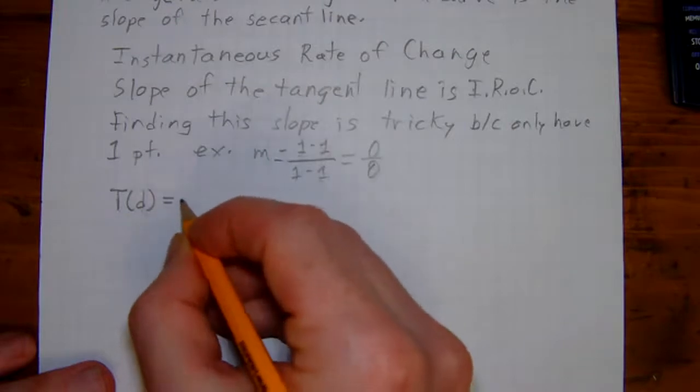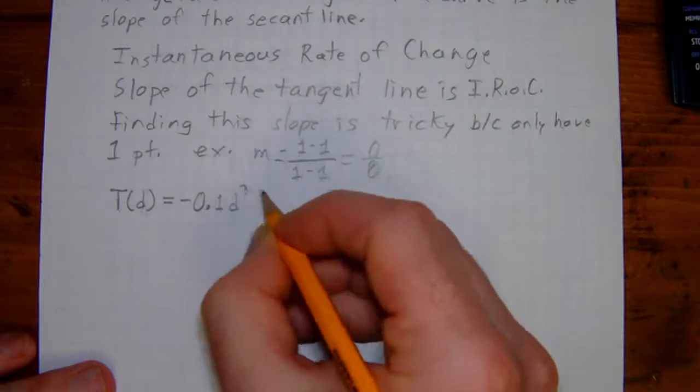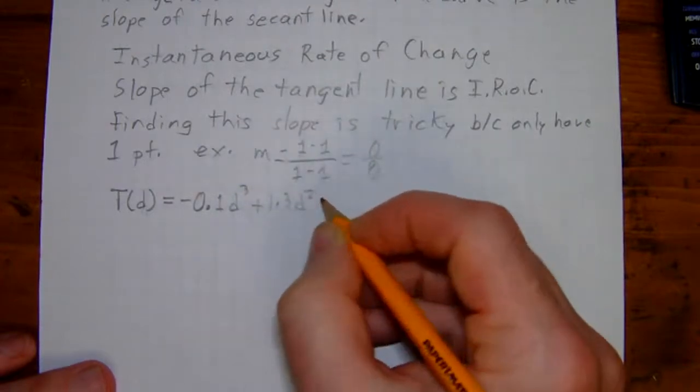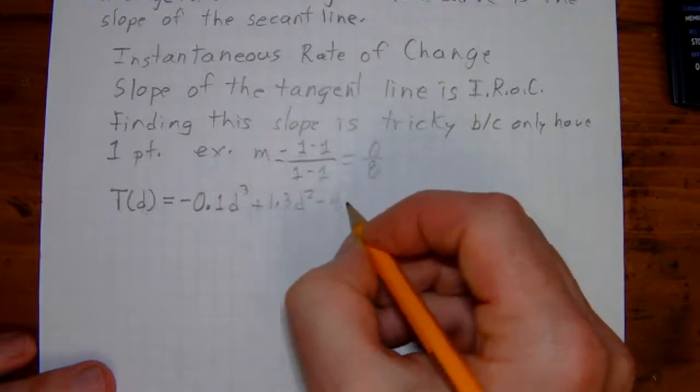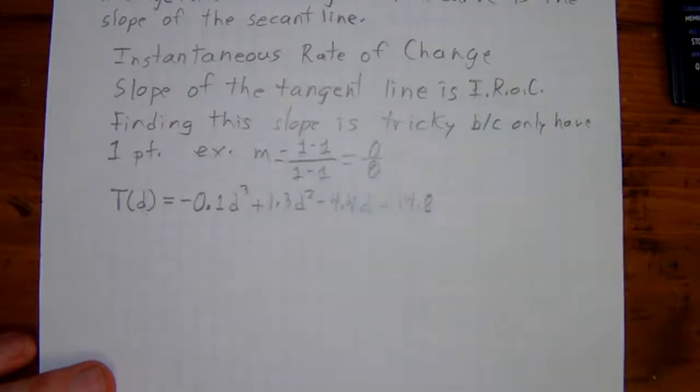And we have a cubic polynomial, negative 0.1 d cubed plus 1/3 d squared minus 4.4d plus 14.8. And we're talking about D being measured as number of days after December 31st. So January 1st is day 1, January 2nd is day 2, and so on.